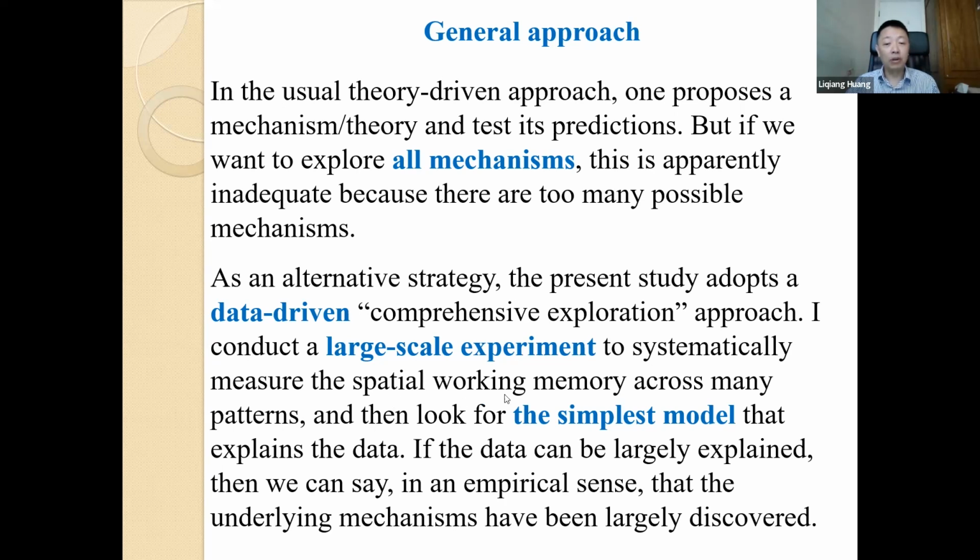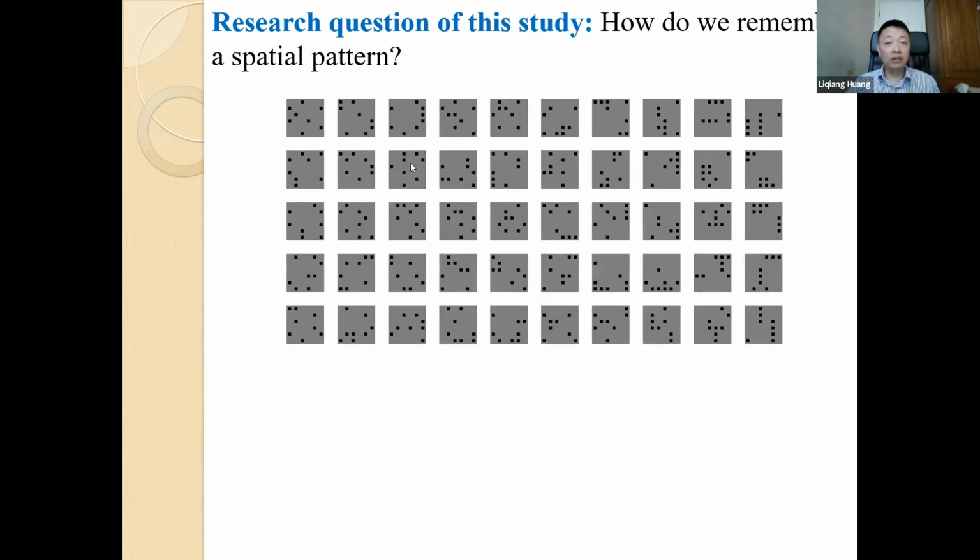I conduct a large-scale experiment to systematically measure spatial working memory across many patterns, and then look for the simplest model that explains the data. If the data can be largely explained, then we can see in an empirical sense that the underlying mechanisms have been largely discovered.